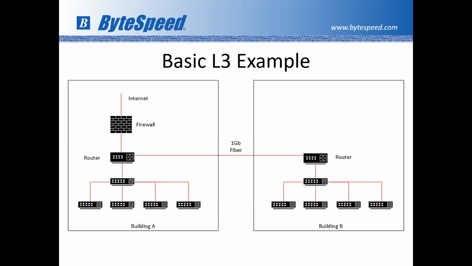So you could actually simplify it and just put the rule in building A and say, hey, these devices can communicate directly to these IPs, otherwise it's blocked. And if there's not a local destination, you can route to the firewall and get to the internet. So it does isolate the two buildings.